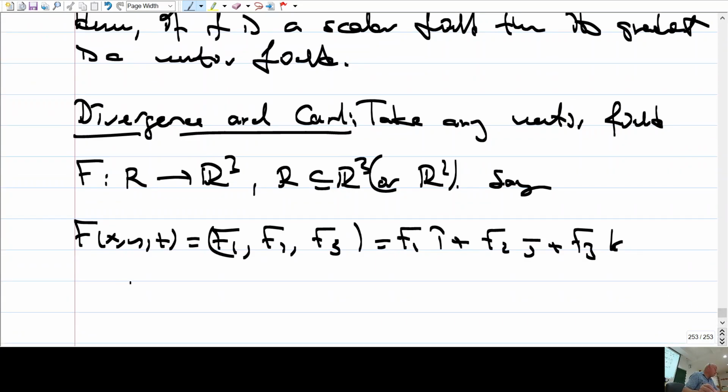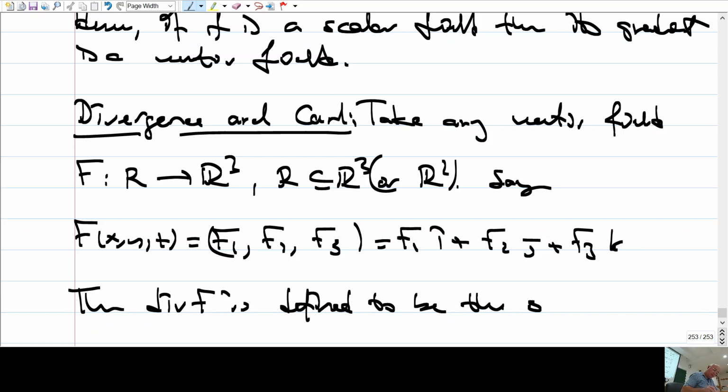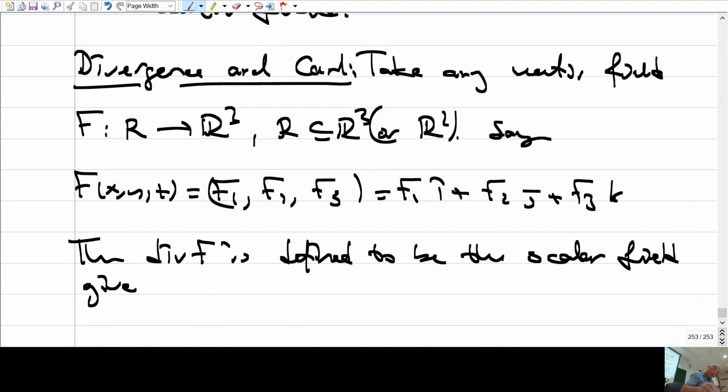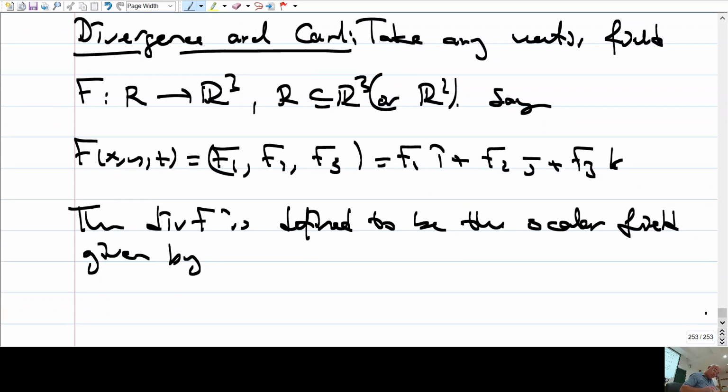Then divergence of f is defined to be the scalar field given by, so divergence f is a scalar field defined as follows.